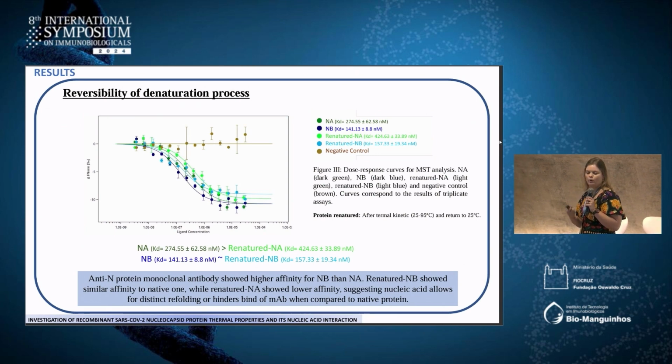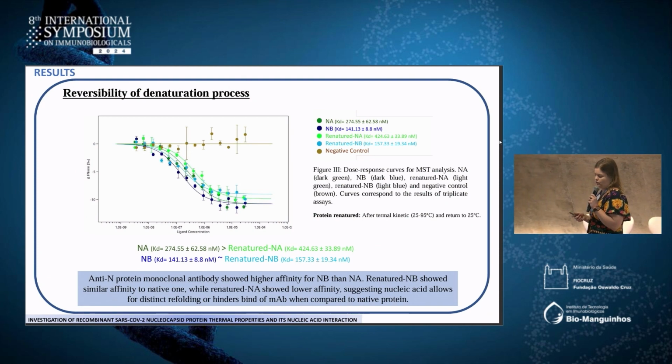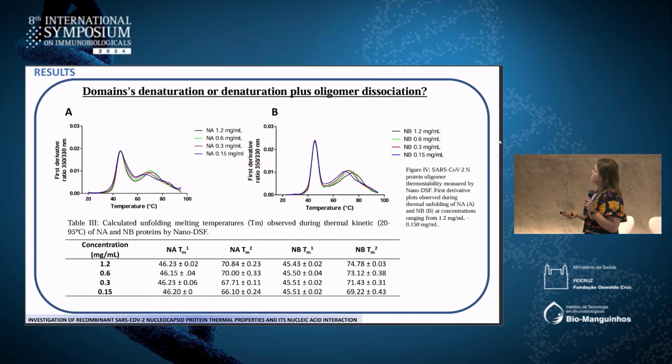When we observe the renatured NA, it is different from the native protein, and that suggests that nucleic acid allows for distinct refolding and hinders binding of NB.